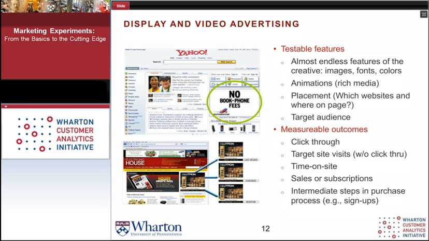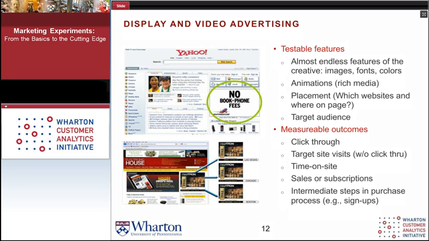Also the target audience. So there is some control over which types of people are seeing your advertisement through some display networks, and you could do some testing specifically on which target audiences are responding well. Lots of good measurable outcomes. Click-throughs, you don't usually see a lot of action on click-throughs with display ads because people tend not to click on them at all, even if the ad is providing an effective message.